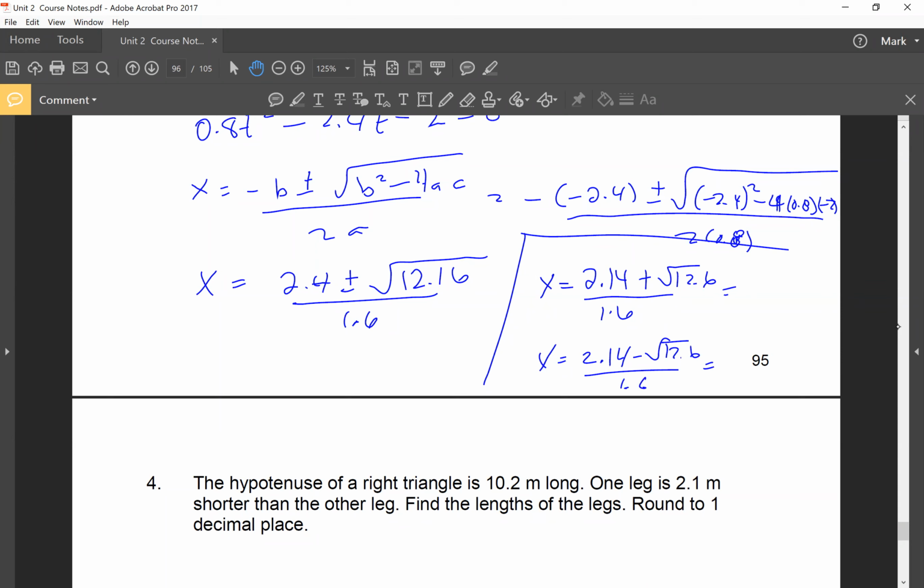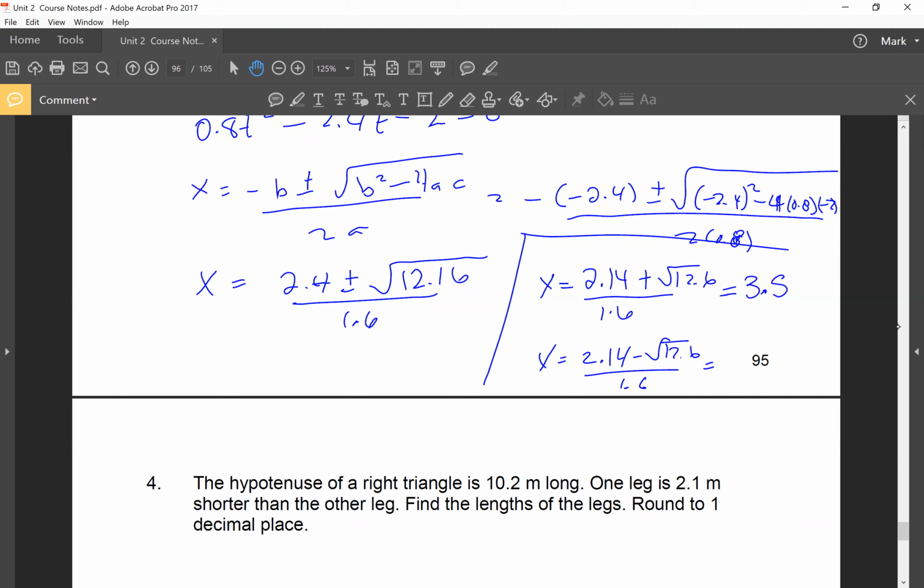Okay, let's see what I get. So 2.4 plus the square root of 12.16 divided by 1.6, and I get 3.5 for this. And again, guys, I just did this on my calculator, so I'm not doing anything special here.